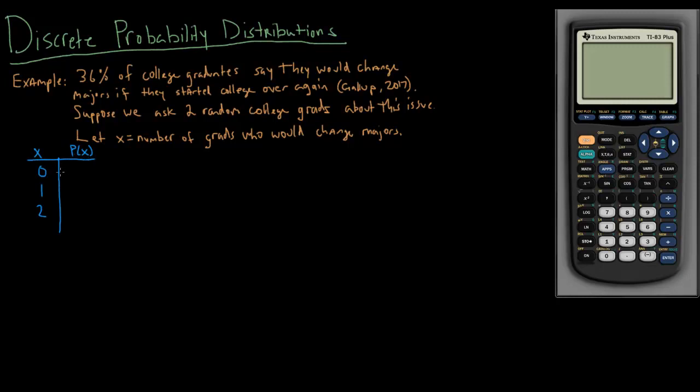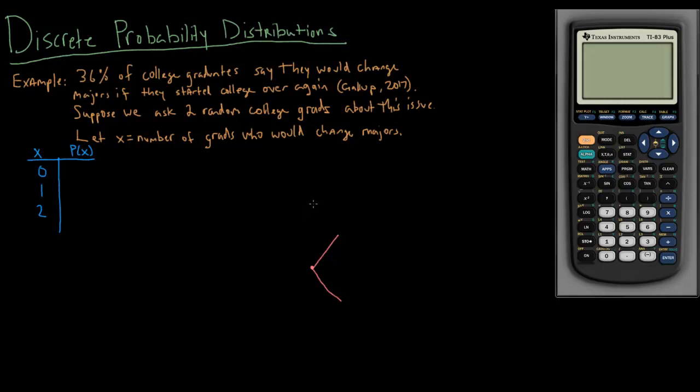Now, we can't just figure that out super easily. We have to do a little bit of digging to figure this out. Here's what we need to do. So think about this. This is called a tree diagram. This helps out a lot. Let's say we ask somebody if they started over, would they change their major.